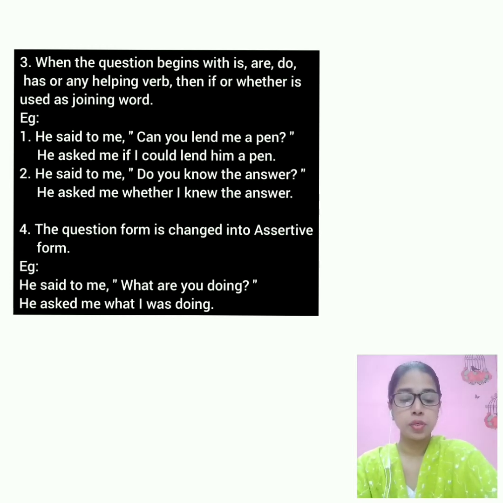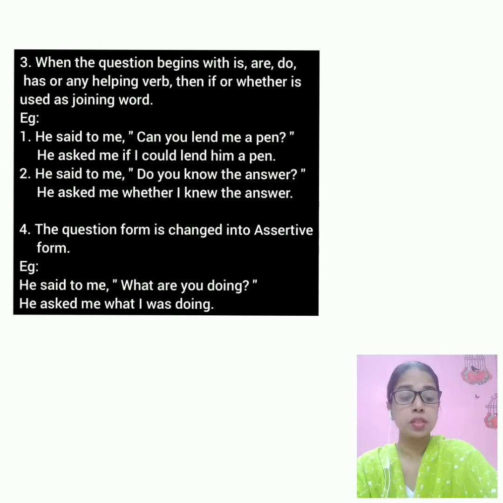So in the indirect speech you have used if. He asked me if I could lend him a pen. So said has been changed into asked, and then the joining word if has been used to join the two parts. Then there is another example also. I'll tell you the rule there.